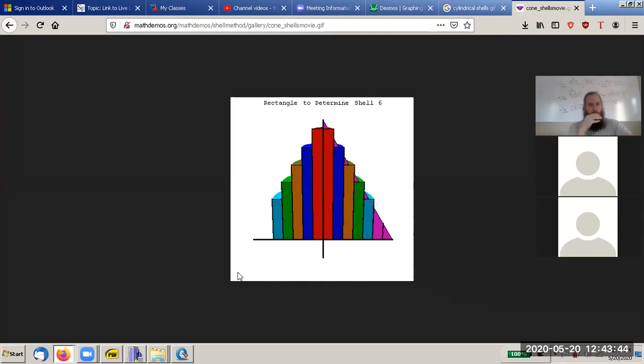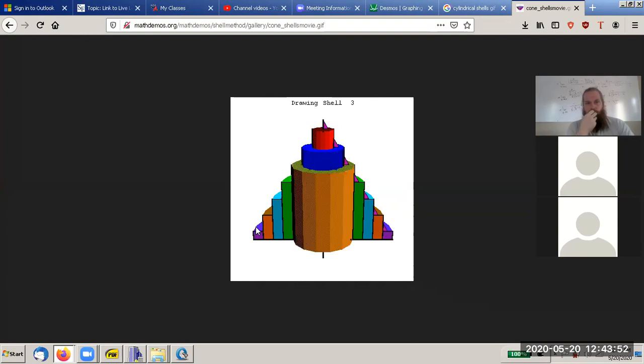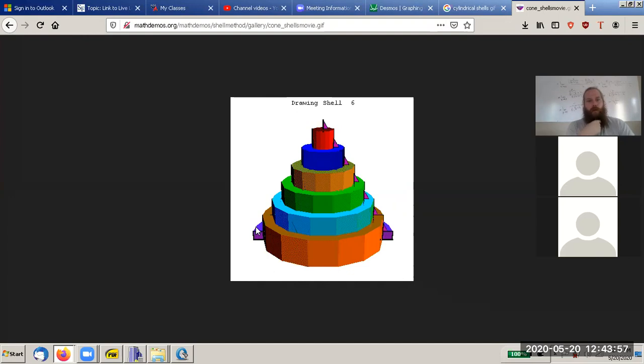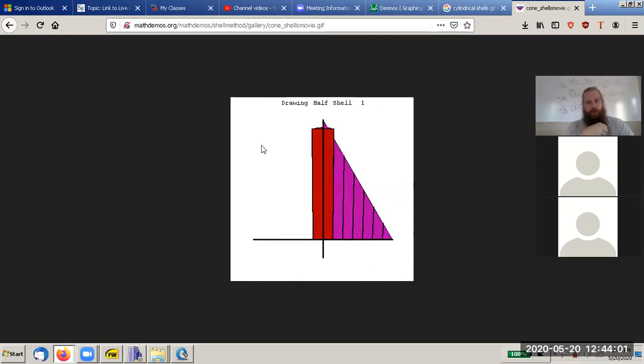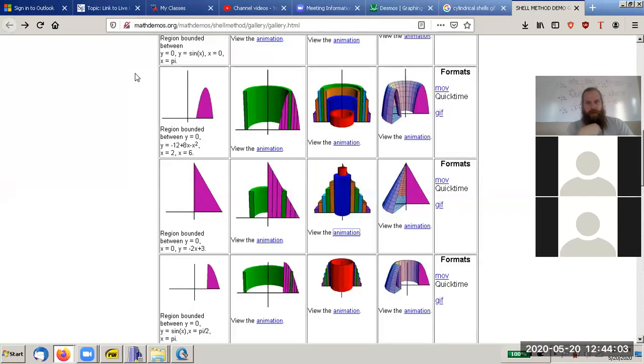So you can think of these nested cylindrical shells as being the Riemann sum for the integral that we calculate. So there's shell 1, shell 2, shell 3. And the overall shape here is going to be a cone for this one. Right? It's very neat.